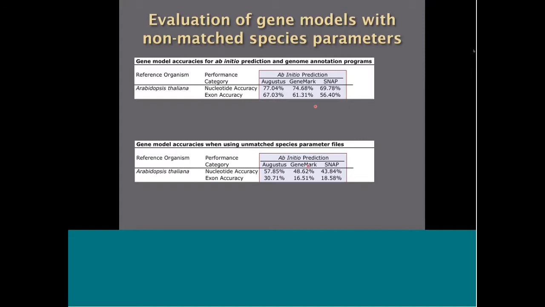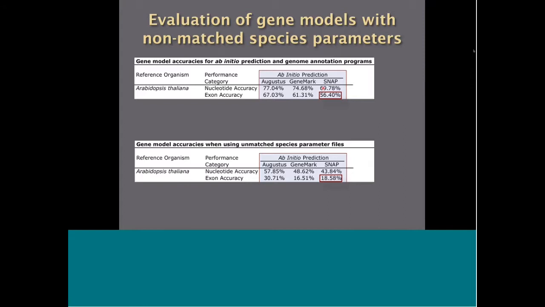In this case, you can see that we have an exon level accuracy of 60 to almost 70% using the mathematically based models, but it drops extremely when we use the wrong species parameters files. We can see for SNAP, for example, we go from nearly 60 down to close to 20%. It's just 1/3 of the accuracy we had with the optimized species parameters.